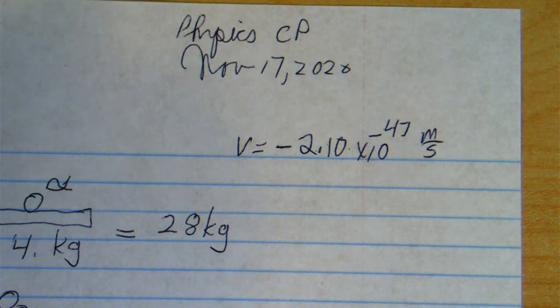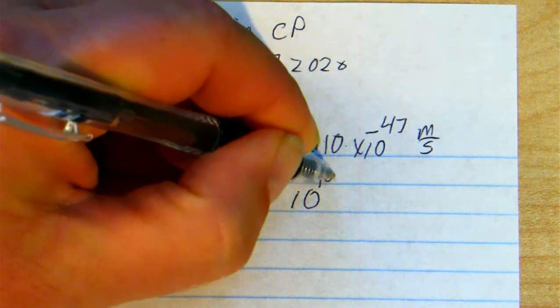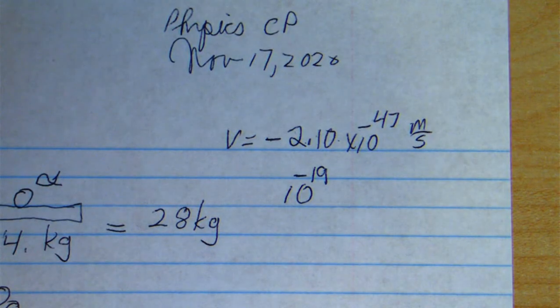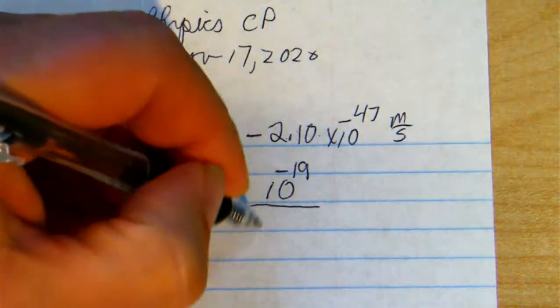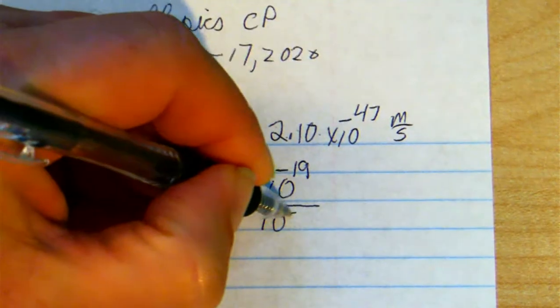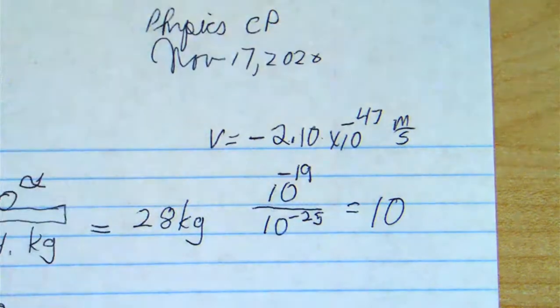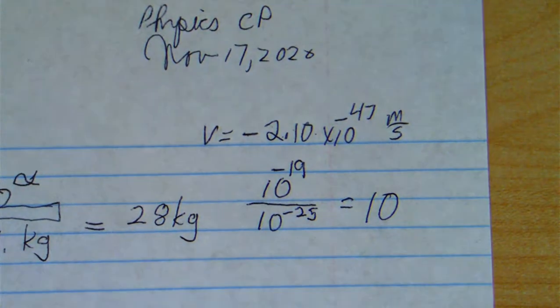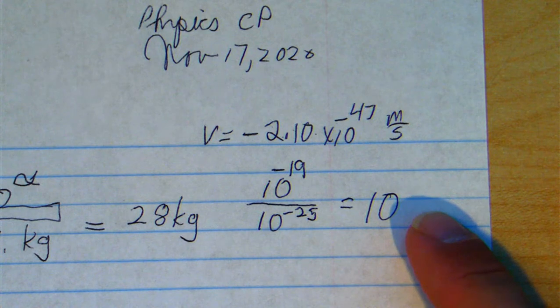I have something times 10 to the negative 19th power, and I want to divide it by something that is 10 to the negative 25th power. Based on your mastery of dealing with exponents, the answer should be 10 to what power?